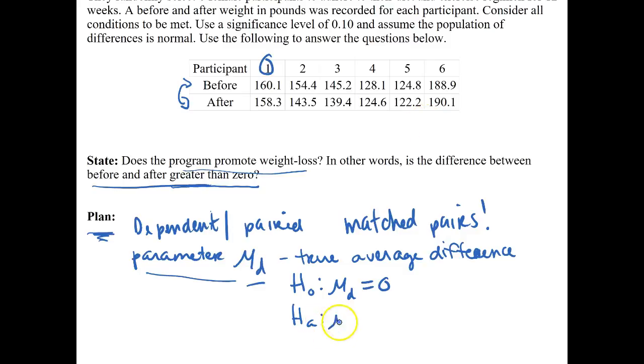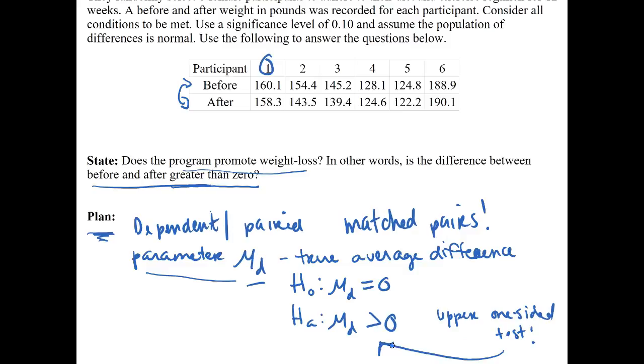So our alternative should be mu d is greater than 0, meaning we'll have positive values. And it's a one-sided test because we want to know whether or not it actually reduces the weight instead of just does it change the weight. So that's the difference here. That's why we're doing an upper one-sided test, according to our alternative hypothesis.